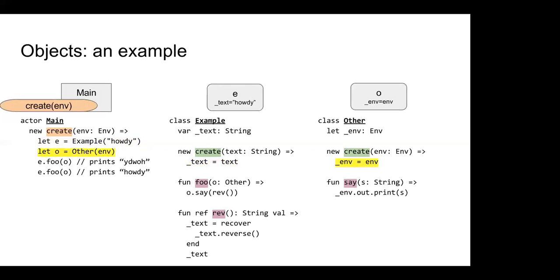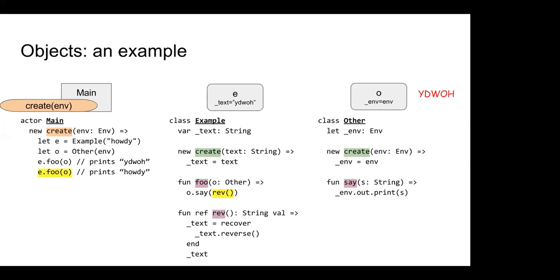Then the next thing it does is it instantiates an Other object, and it passes env to that. After that, it calls foo, and foo calls rev. Rev reverses the text. And now that it gets the return value from that, it calls say, and it prints out "ydwoh", howdy backwards.